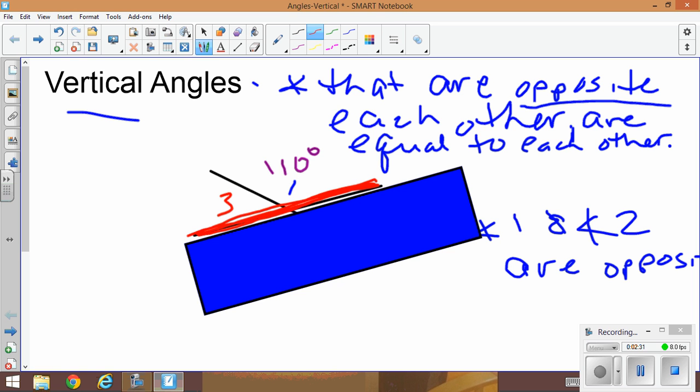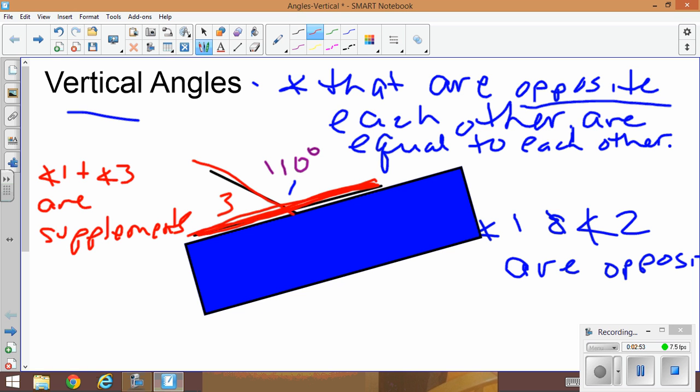So if I take a straight line that's 180 and I cut it, doesn't that mean that angle 1 and angle 3 are supplementary to each other, meaning they add to 180? So angle 1 and angle 3 are supplements of each other.